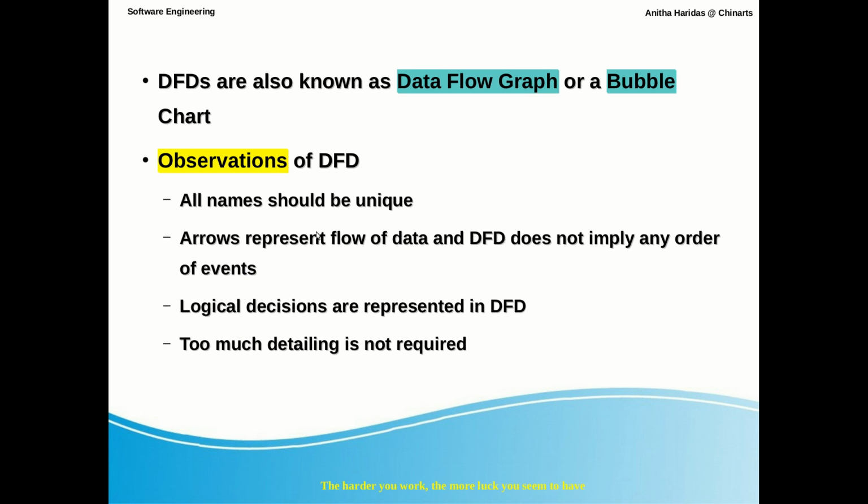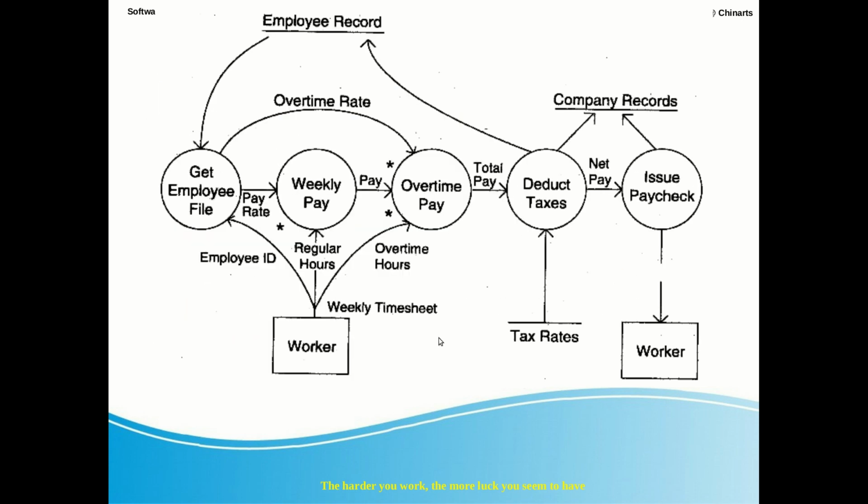So all the names that are used in a data flow diagram should be unique, and the arrows represent flow of data, and a DFD does not imply any order of events. It is not going to specify whether this is the first process, this is the second process, etc., or this is the first data that should come in, this is the second data that should come in.